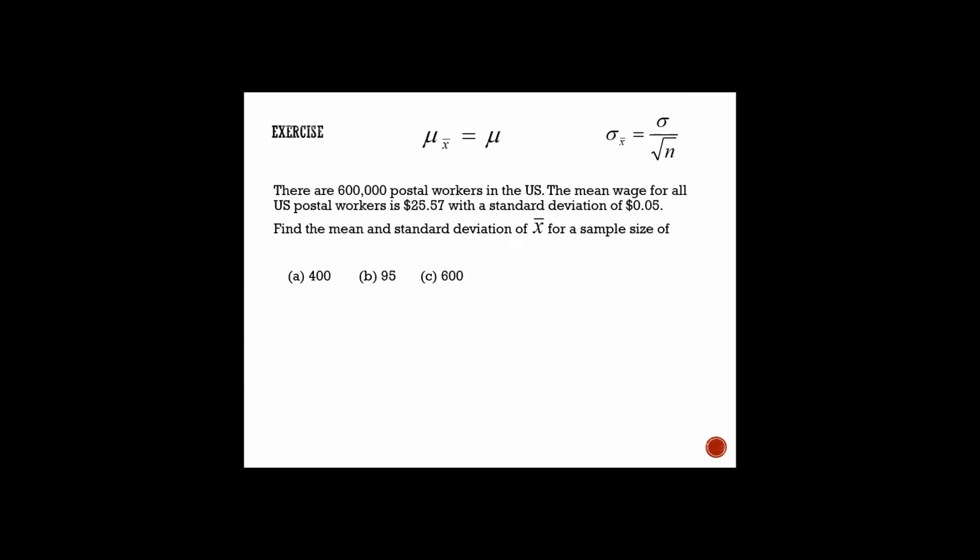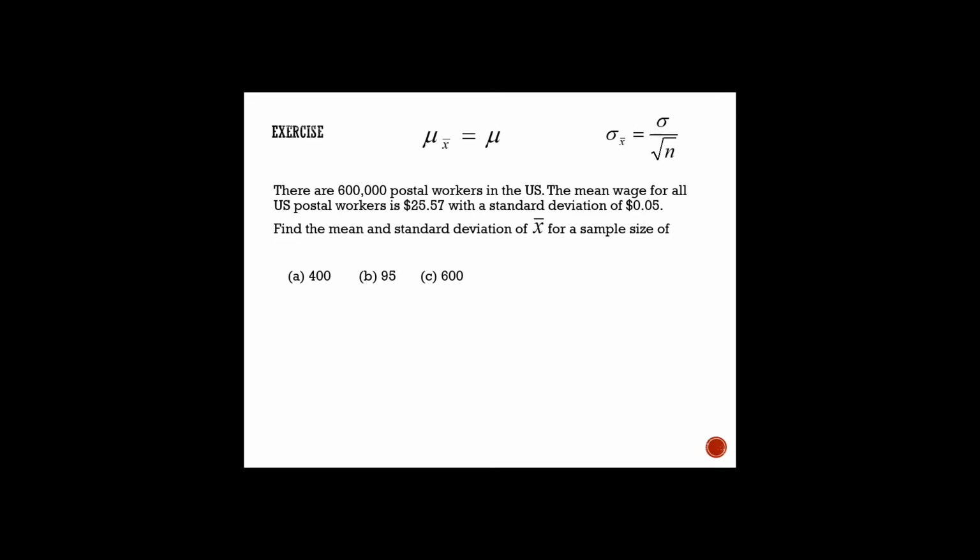So let's take an exercise and work a few of these just to make sure you know how to do this. It's a simple calculation. Let's say that we have 600,000 postal workers in the U.S., and the mean wage for all of them is $25.57, with a standard deviation of 0.05. Now that's going to be the population standard deviation. How do I know that?